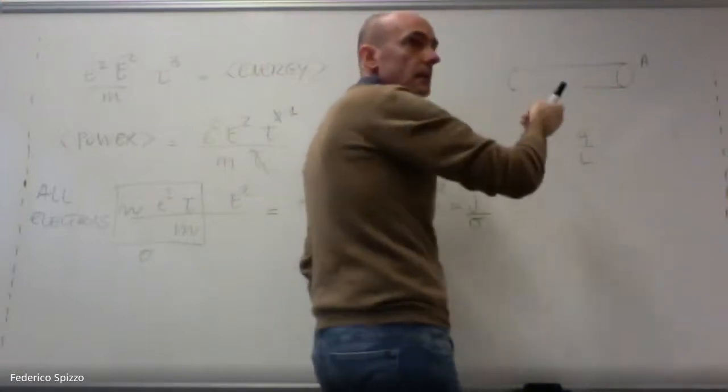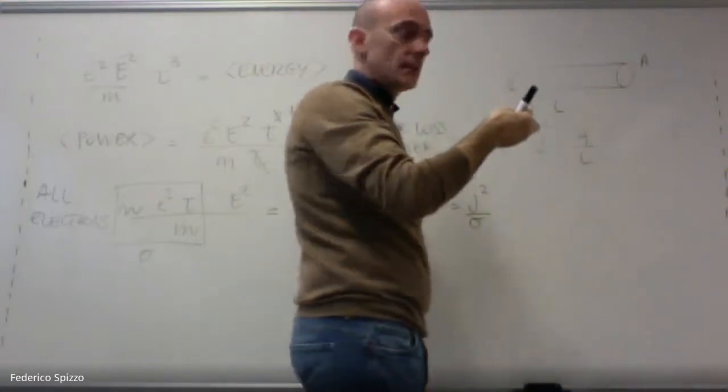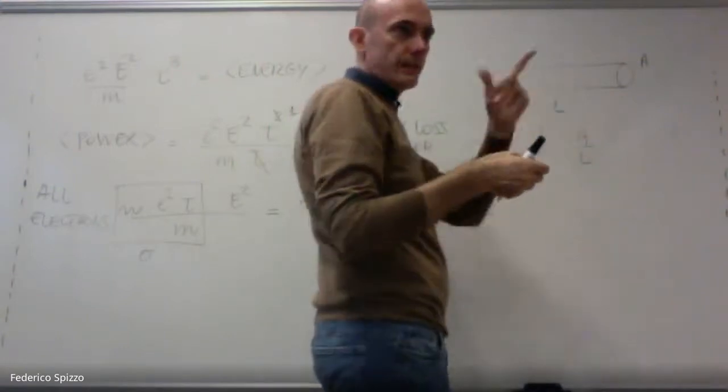Sigma is equal to 1 divided by the resistivity. So in place of sigma, I write 1 divided by rho.